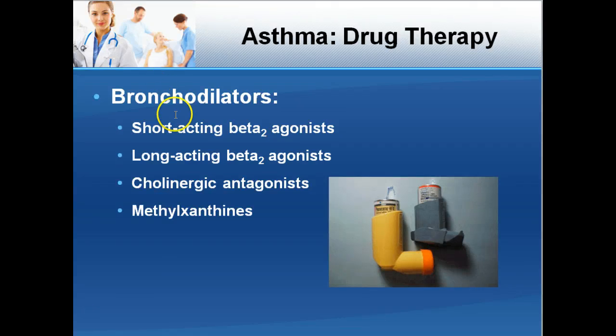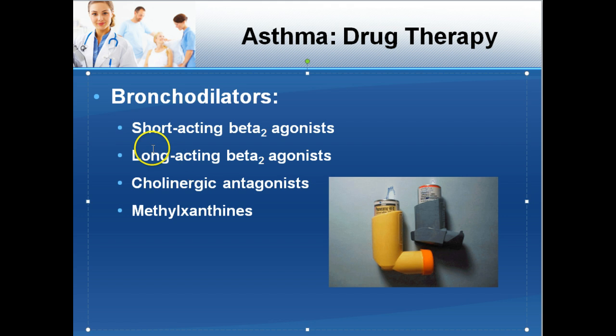As far as the short acting, think about albuterol up under bronchodilators. Long acting, think about Serevent. That's a good long acting drug. So if you just get an idea in your head of what type of things and how you use it.